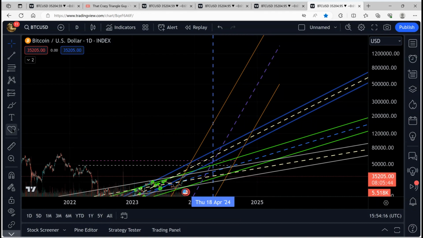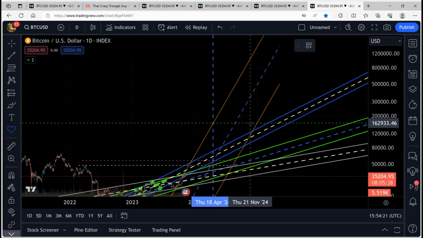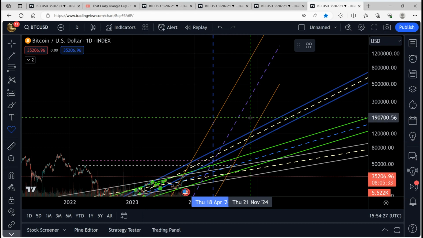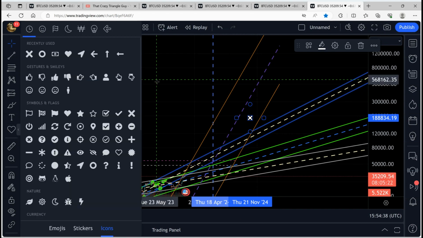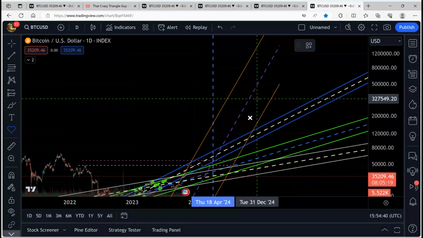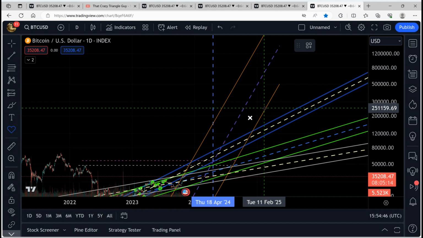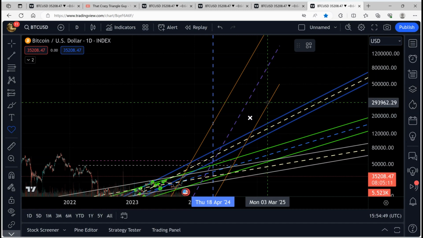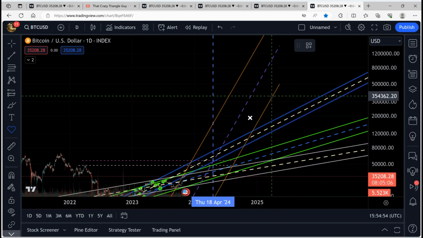Let's put some X's here in November. That's about as close as we're going to get there. And then let's put another one at 225. I'm just kind of seeing if this is going to work out. 225 in April. Well, let's just go here where we're going to be in April without going outside this channel.